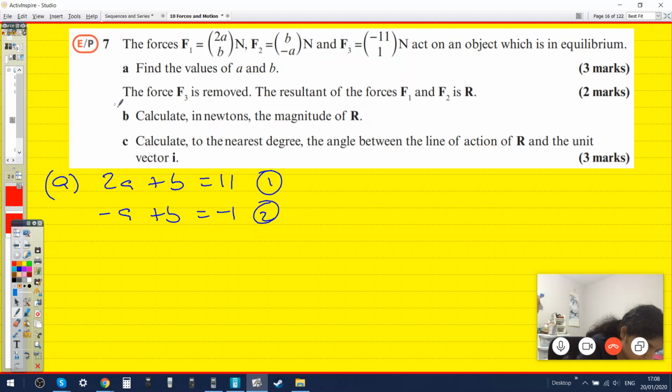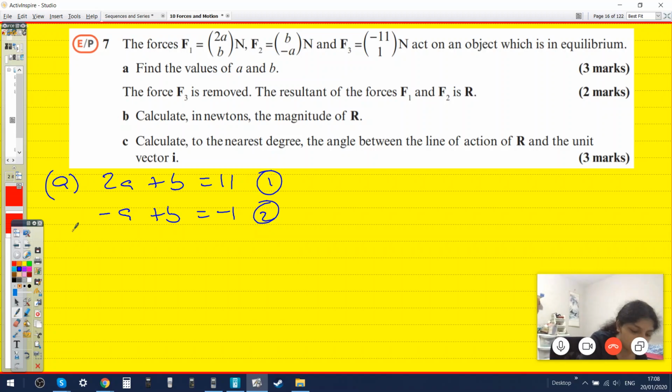B. So you just add up F1 and F2, but you need to know what A is. You know A is 4, so you know F1 is 8 over 3.